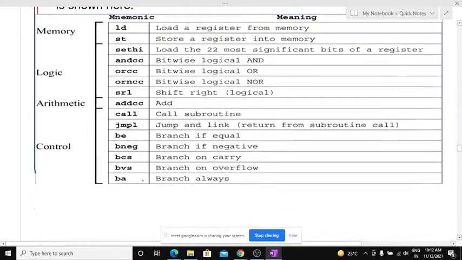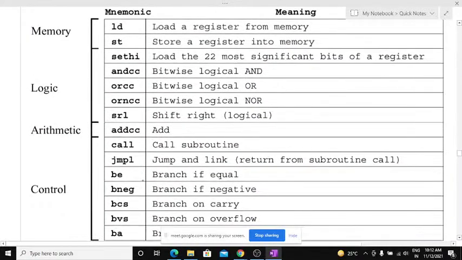So along with that, this is a summary of the main important instructions. Here it is a load instruction: load the register from the memory. Store a register into the memory.